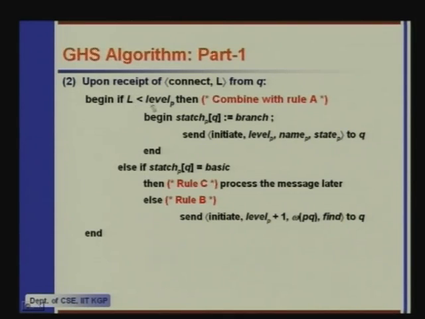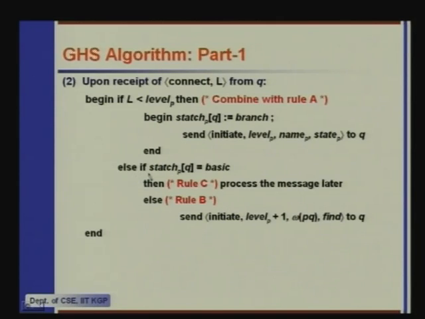If it finds that the level of the connect message is not smaller than its own level, then there are basically two cases. One case is that the level is equal, and the other case is that the level is greater, and if it is greater, then we know that it has to wait.